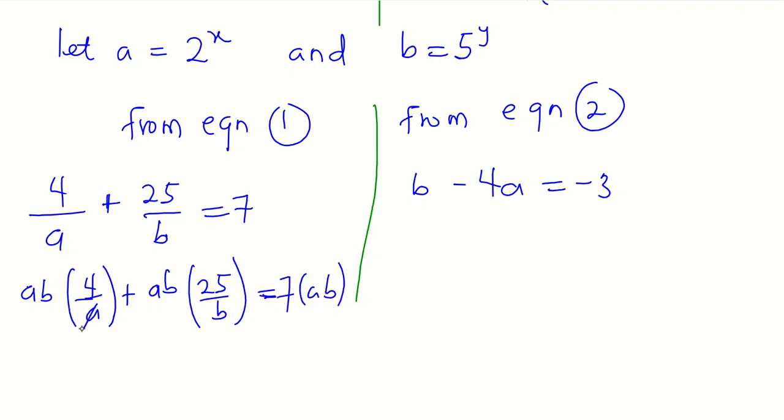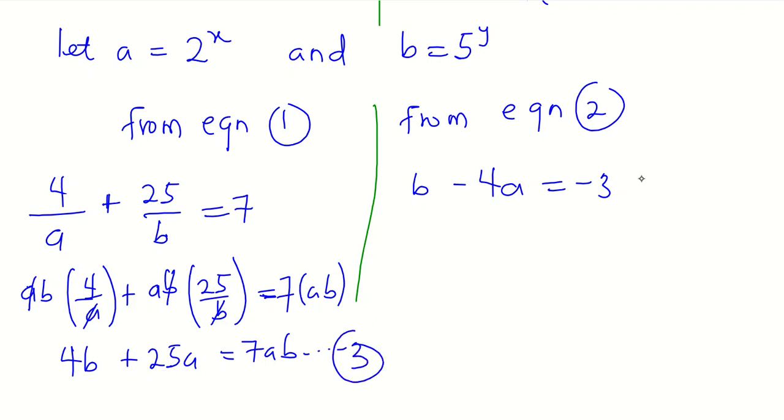Now we can see that this A will cancel that A, and this B will cancel this B. So at the end we have 4B plus 25A, which is equal to 7AB. So now we can label this as equation 3, while we label this as equation 4.